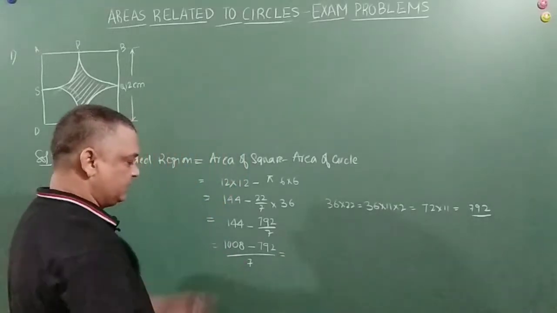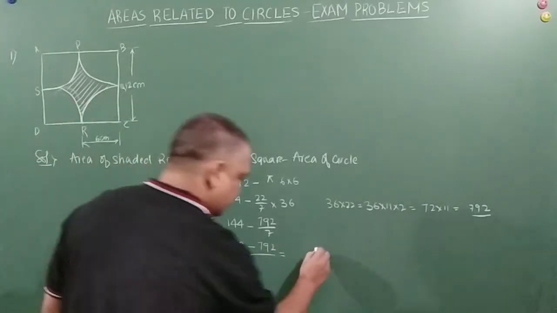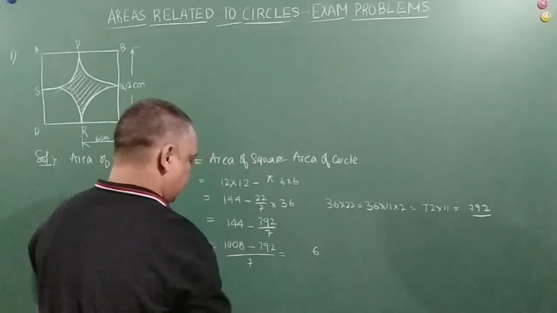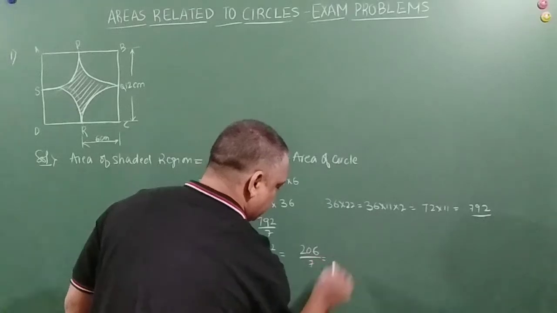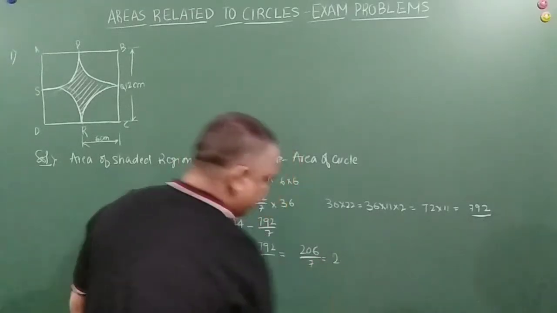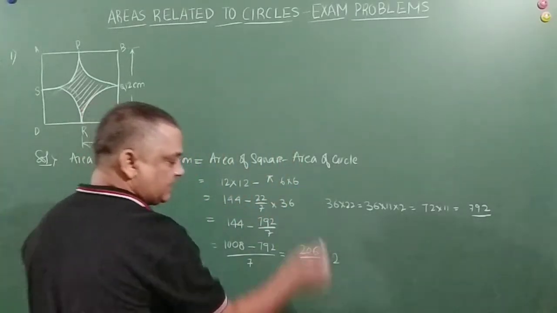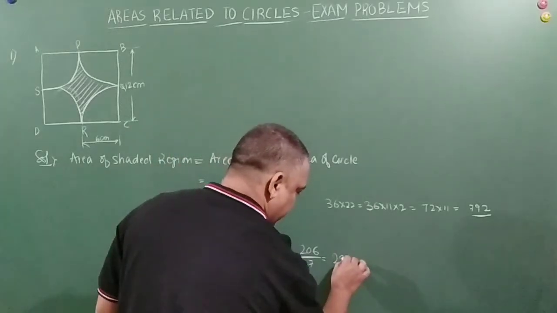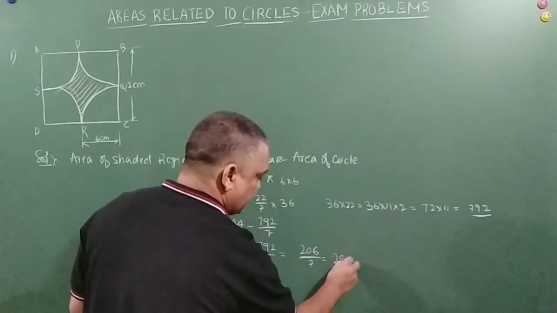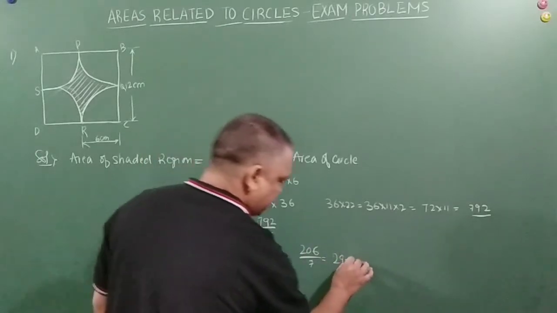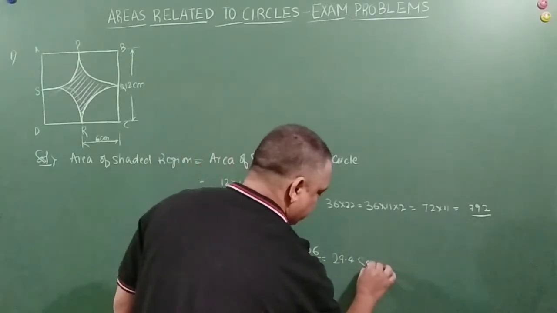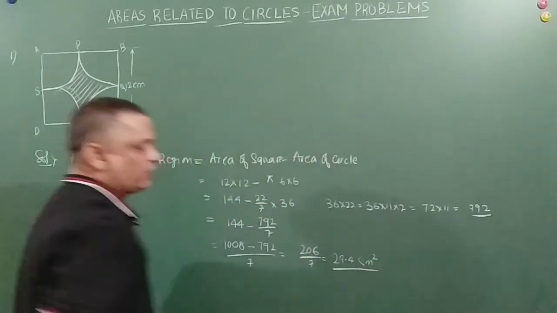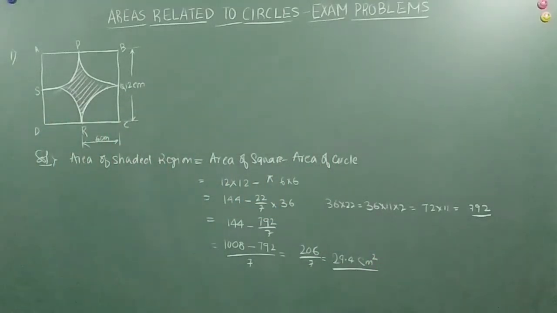Which you can solve. 1008 minus 792 is 216. 216 divided by 7: 7 into 30 is 210, 6 remaining, 60, 7 into 8 is 56, 4 remaining. That's it. We will leave it here. 30.8 centimeter square. Correct? Okay.